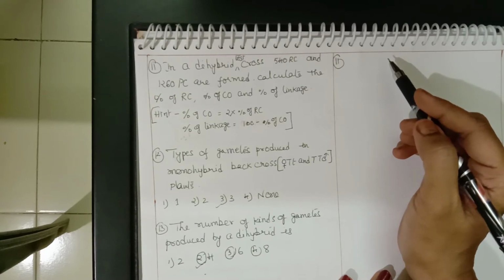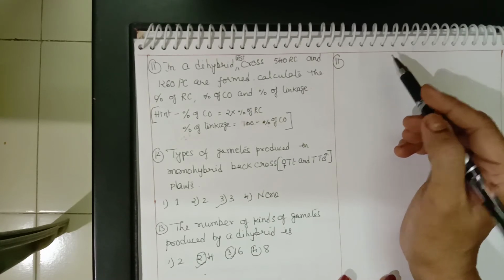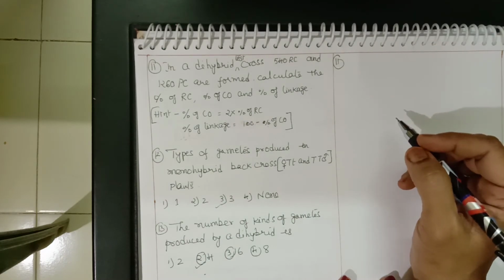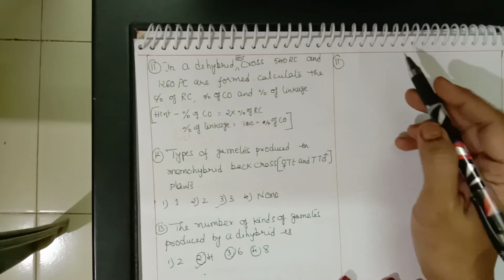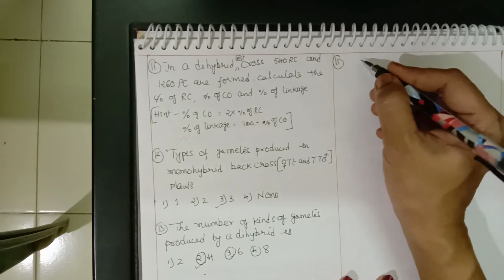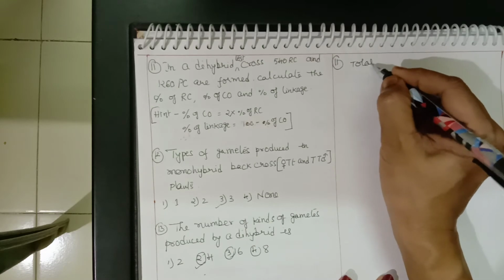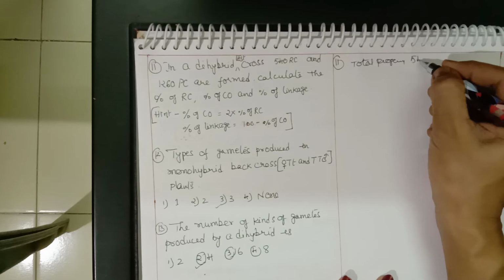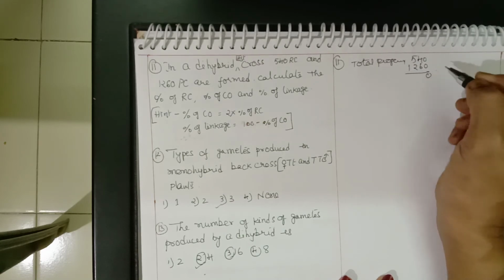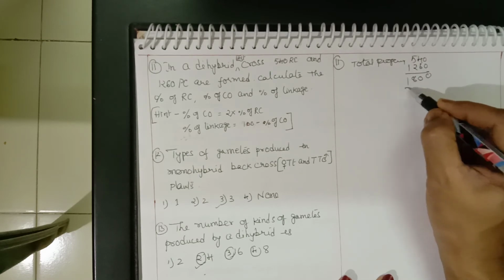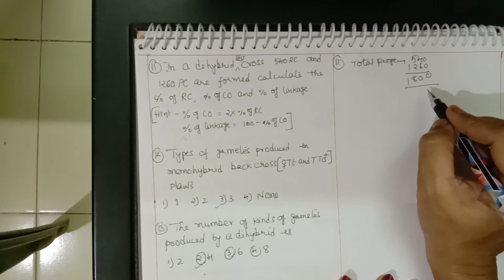So first we find the total progeny: 540 plus 1260, which we get as 1800. 1800 is the total progeny.